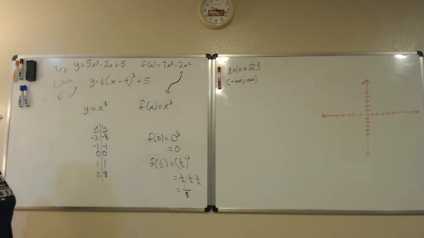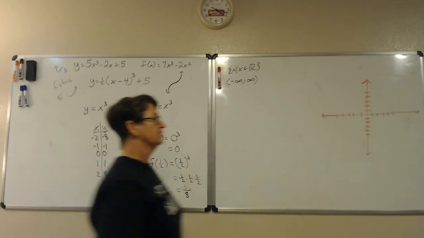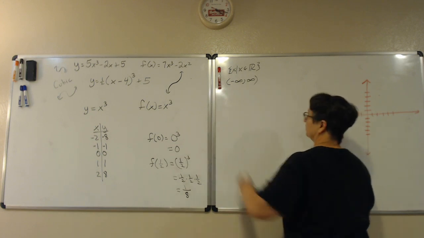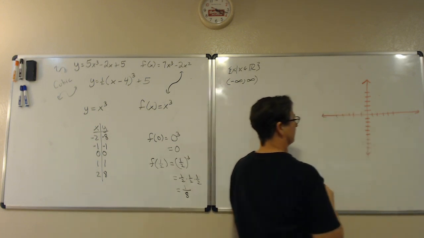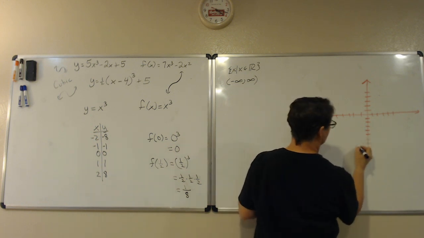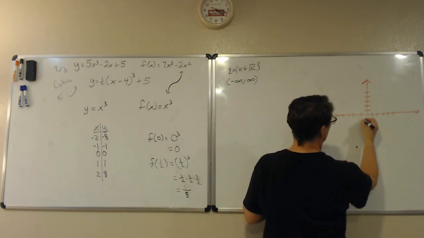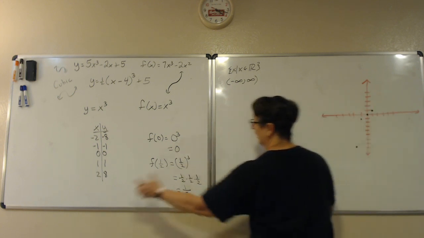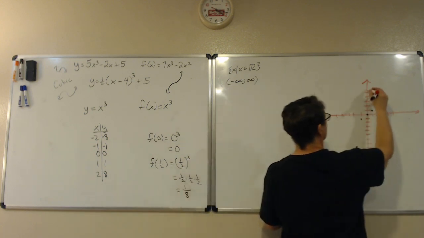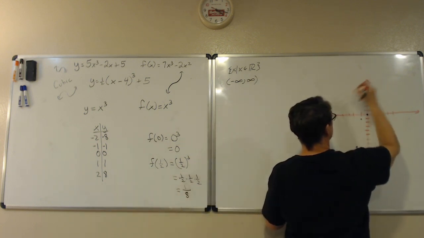So those are 5 points on this graph. (-2, -8), (-1, -1), (0, 0), (1, 1), and (2, 8). Those 5 points.